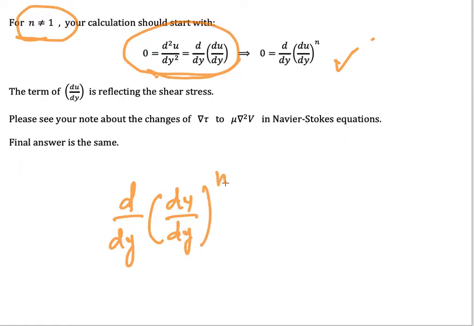Then you could continue your derivation by maintaining the n here, and you will find that the final answer is the same. As I said, the influence of n here will not change the final equation. So I hope you could try this at home.